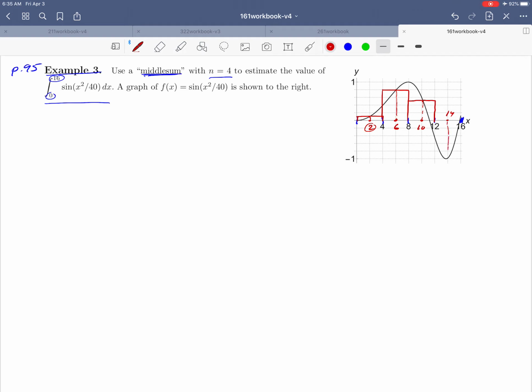Notice that at 14, we actually wind up down below, and get a rectangle that's down here. So there are the 4 middle sum rectangles, and now we're going to see if we can use that to estimate the integral from 0 to 16 of our function.